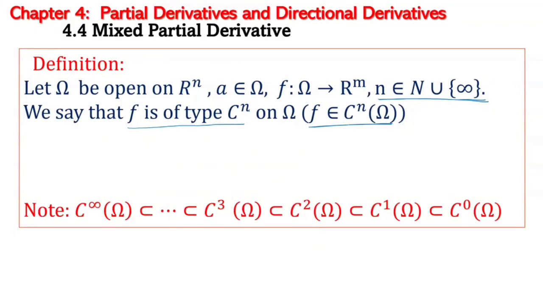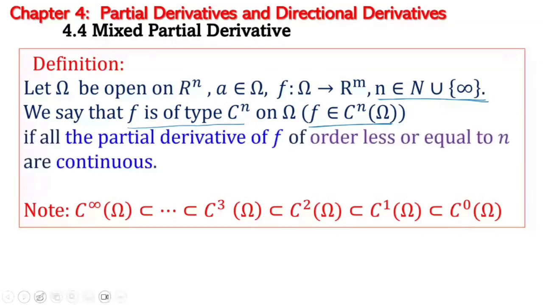We already defined C¹. C¹ means all the first order partial derivatives should be continuous. Now naturally Cⁿ means all the nth partial derivatives should be continuous. When we talk about the nth partial derivative, it will include the mixed derivatives also.